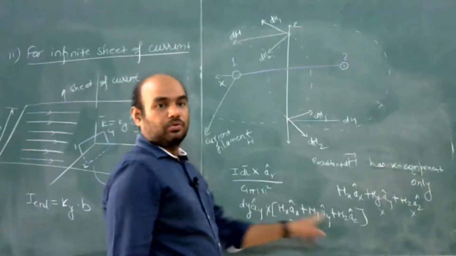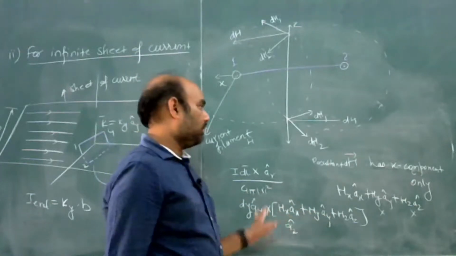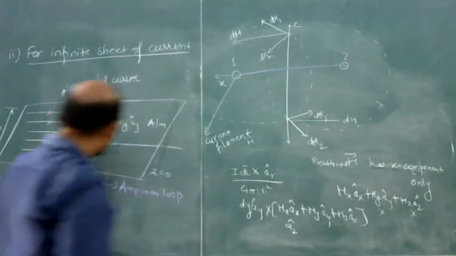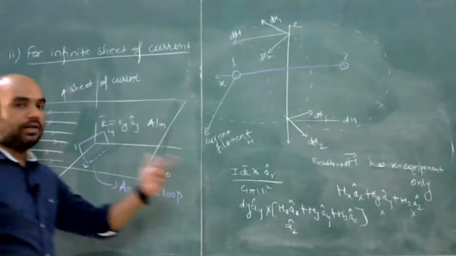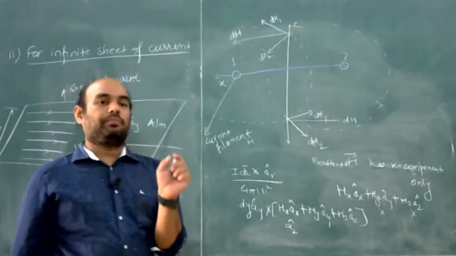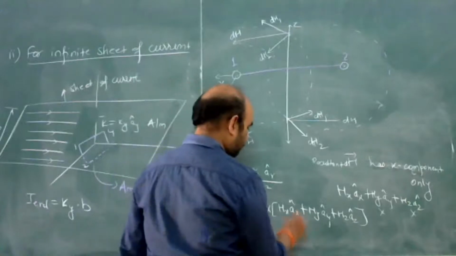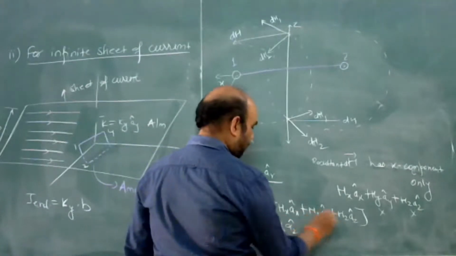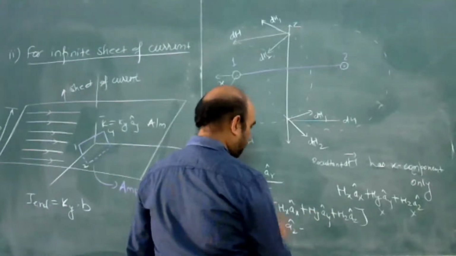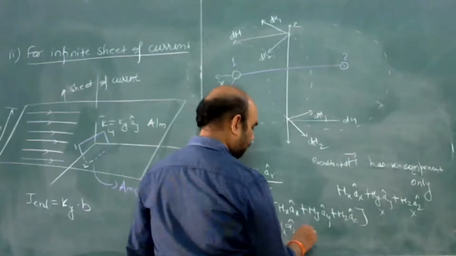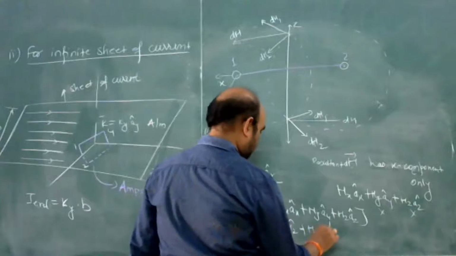So in a magnetic field, along the direction in which the current is flowing, you will never get a magnetic field intensity component. So this will be Hx AX plus 0, and AY cross AZ gives AX.